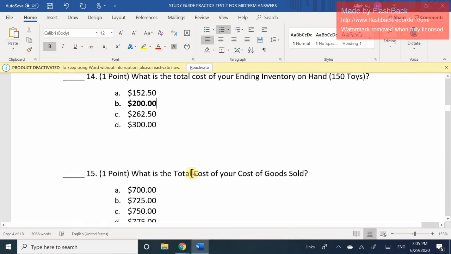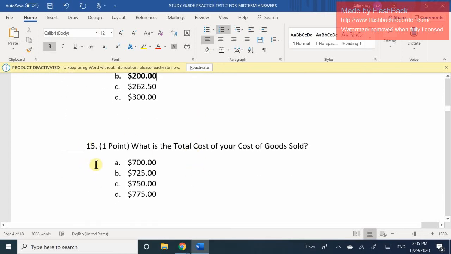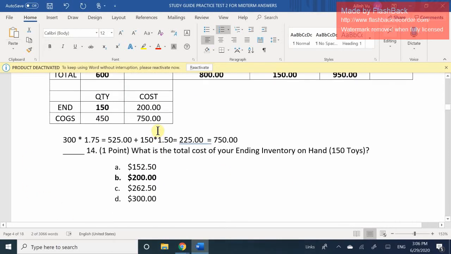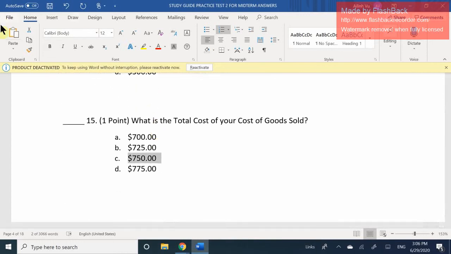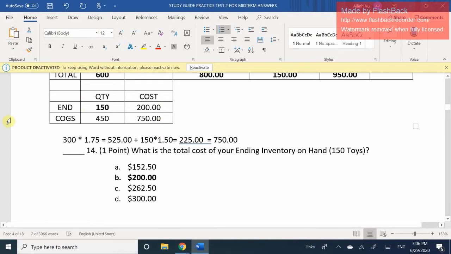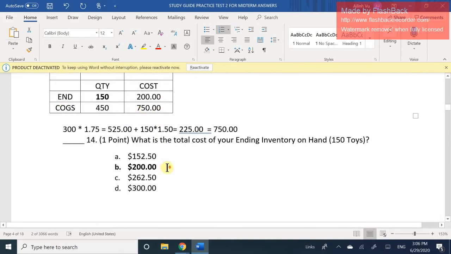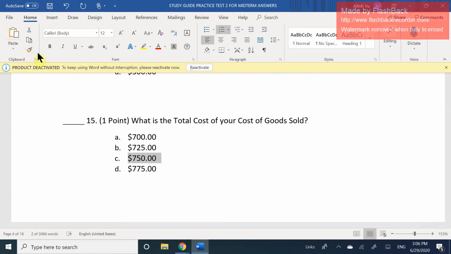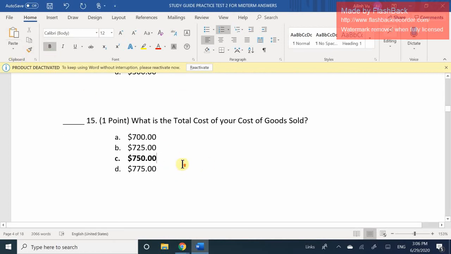Good. So the next question is going to ask, what is your total cost of goods sold, which is what? 750. Yes, cost of goods sold is 750. All right, good.